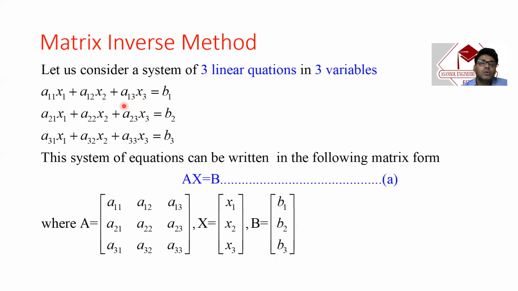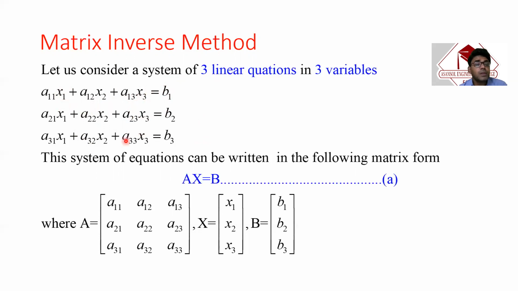That's why this is called a 3 variable system of equations. And why is it called linear? Because all variable powers are 1: x1 to the power 1, x2 to the power 1, x3 to the power 1. So that's why this is called a linear equation. Why is it called a system? Because there are 3 equations, so this is called a system of linear equations.